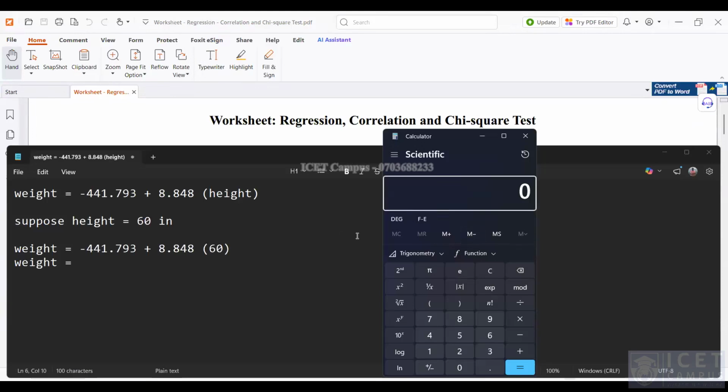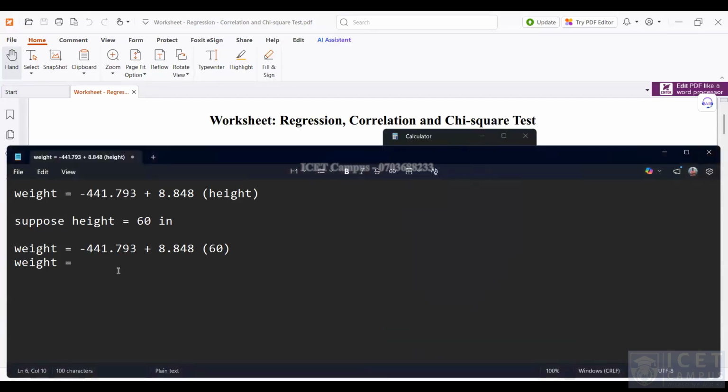Negative 441.793 plus 8.848 into 60. Then the weight is 89.087. Right. Likewise, we can calculate the weight of a person by using this regression equation.